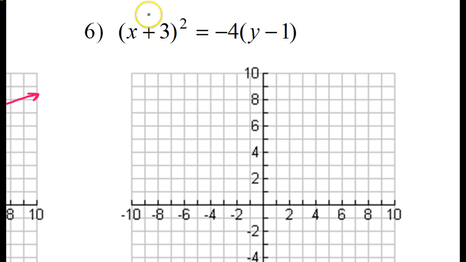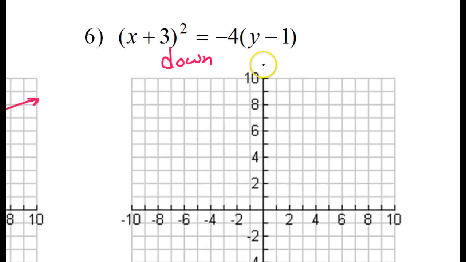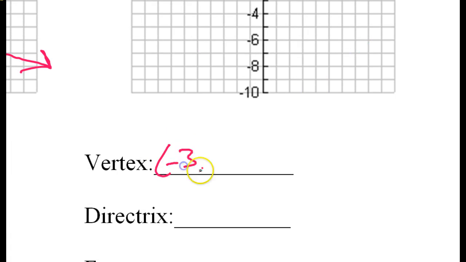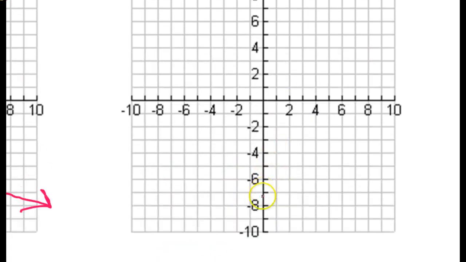All right, notice this minus 1 has nothing to do with it. It's all about the 4 being negative. So I know it's down. Now I need the vertex. Opposite of this, opposite of that. So -3, comma, +1. All right, so there's my vertex is at -3, 1.